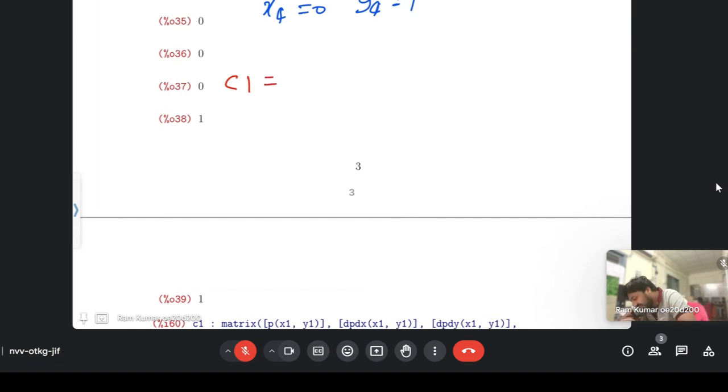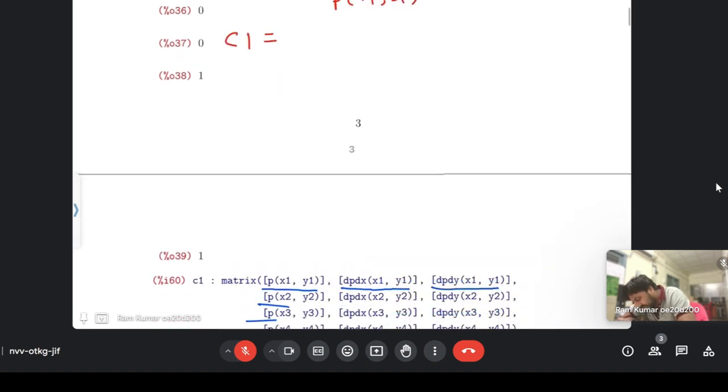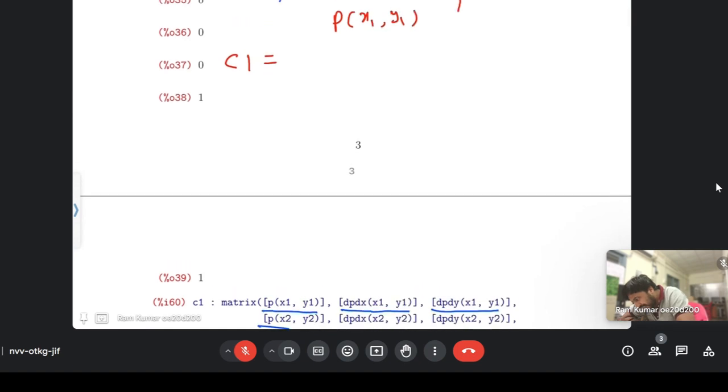C1 equal to P at x1 y1, then dp by dx at x1 y1, then dp by dy at x1 y1. How many nodes do we have? We have a total of 4 nodes for the first element, so we have to write this 4 times.